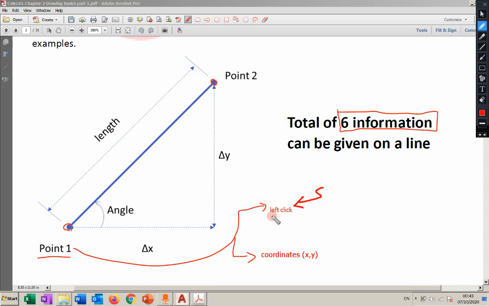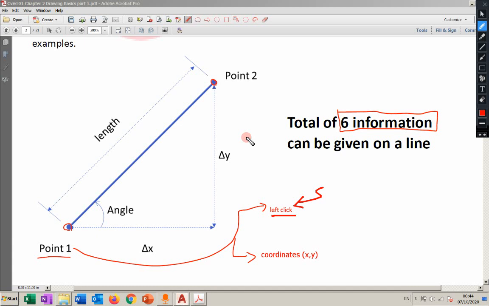I know where it starts, where this point is located. Sometimes it's not important, and you can draw it randomly. That's why we use left click as well. So remember, anywhere within my lecture notes, when you see point, it can be provided in 2 ways, by left click or by coordinates.